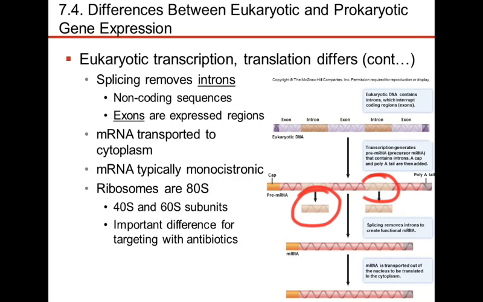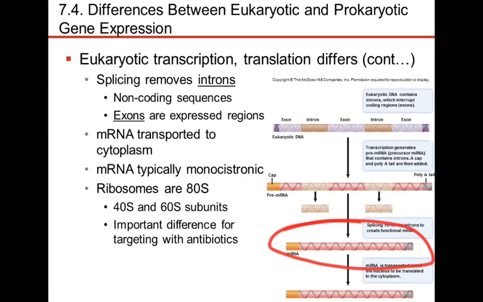They chew it back up into nucleotides. Those nucleotides can be used to synthesize the next messenger RNA that's going to be produced. Ultimately, then, we get a messenger RNA that is then ready to be translated.